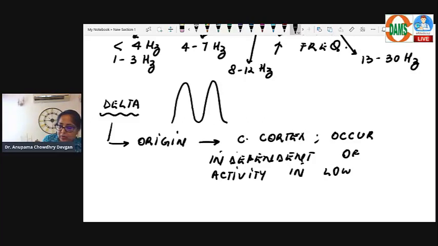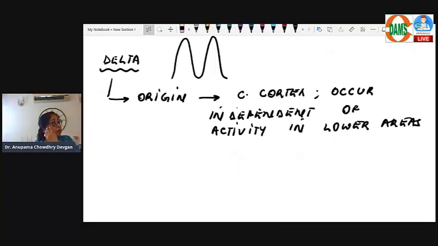Lower areas, I mean, for example, the reticular formation. We've discussed this briefly, when I was telling you about pain, that the reticular formation has a role to play in keeping you awake. Locus coeruleus, raphe nucleus, remember that.